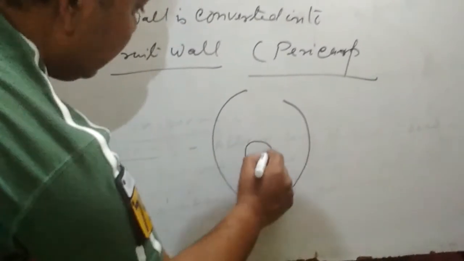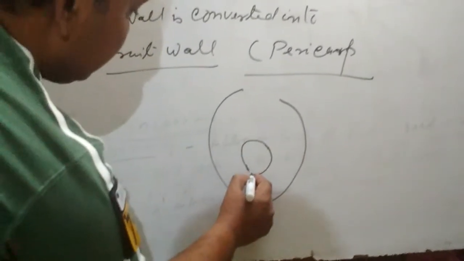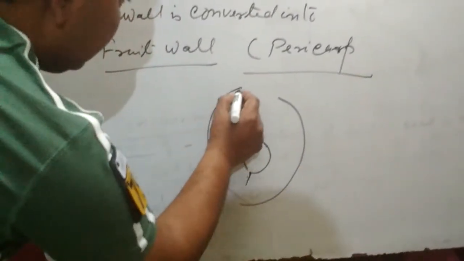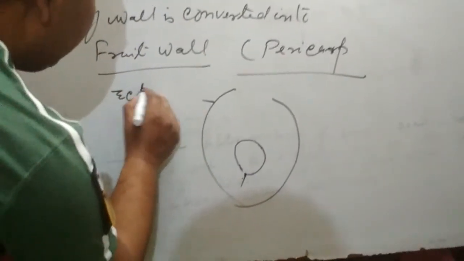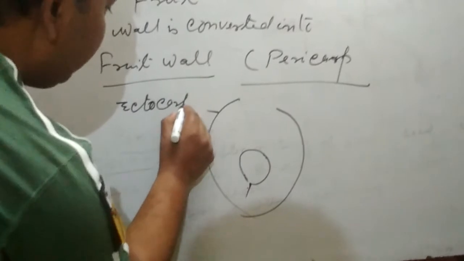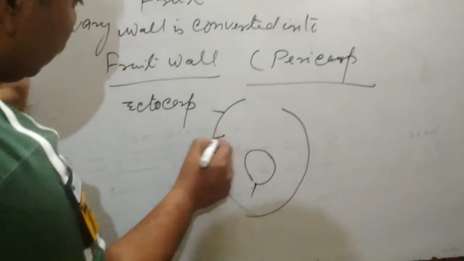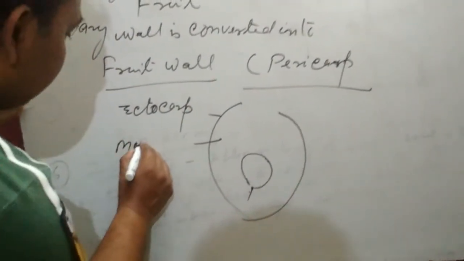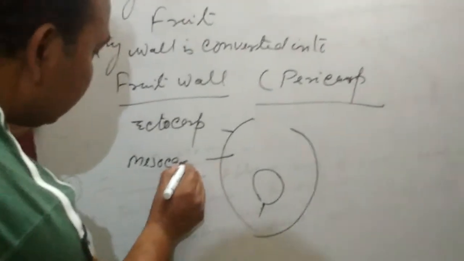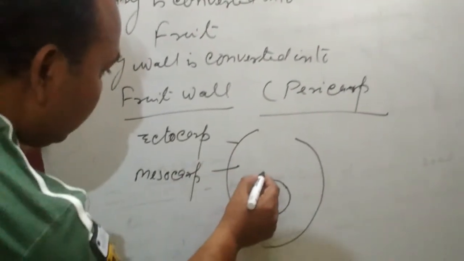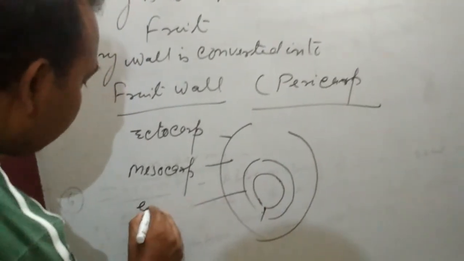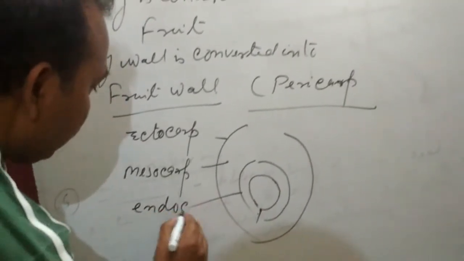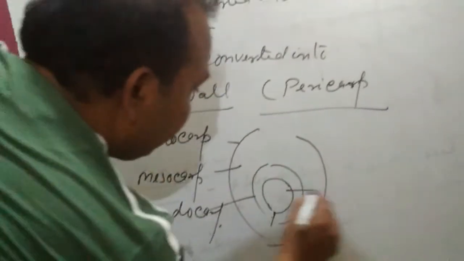It is a seed. Outer ectocarp, mesocarp and endocarp. It is a seed.